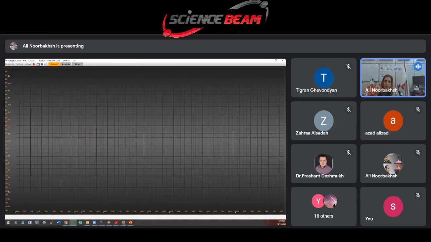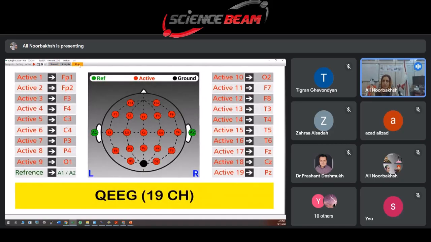First, we should connect the device for this work. But you can go to the help menu again. This is the help menu, and you can see the montage page.